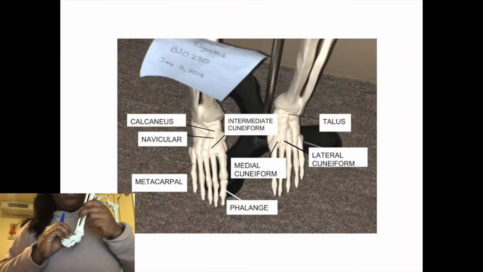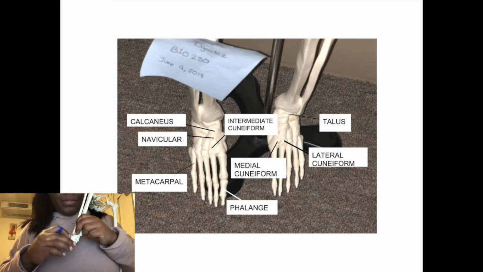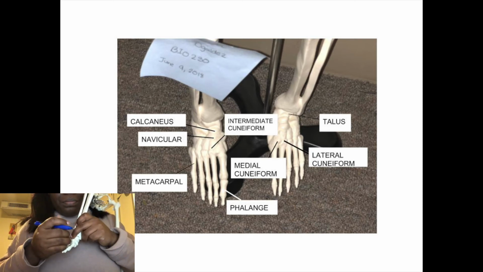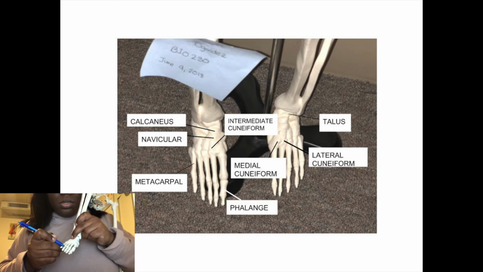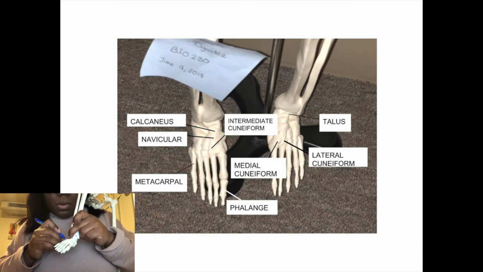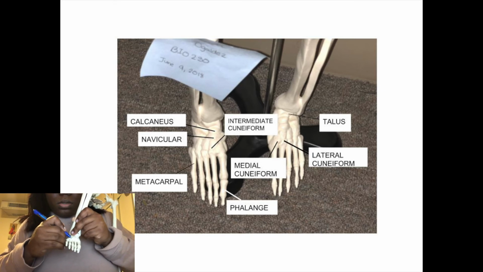Now we're going to move on to the ankle and foot. This is a phalange right here. The metatarsal right here. The cuboid is going to be right here.